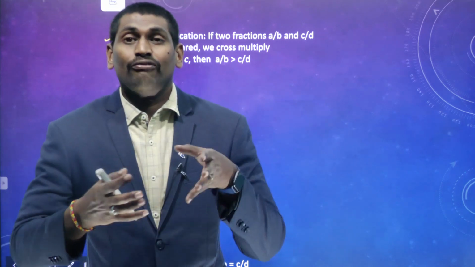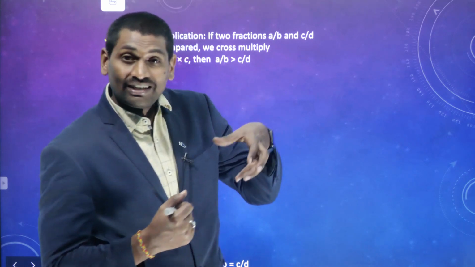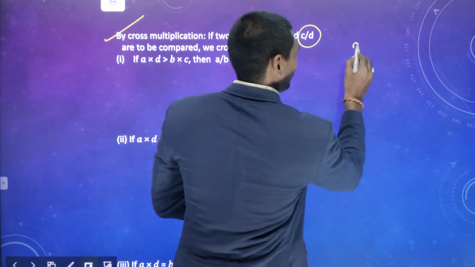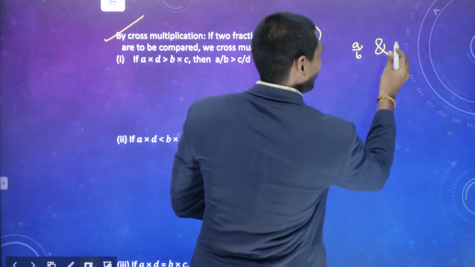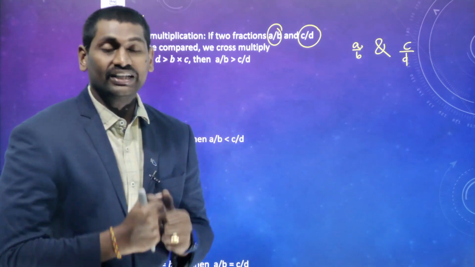We can compare fractional numbers using cross multiplication. For example, the fractional numbers are a by b and c by d, two different unlike fractions.